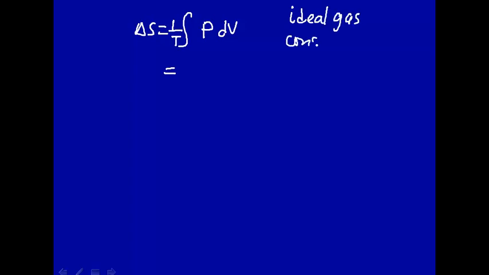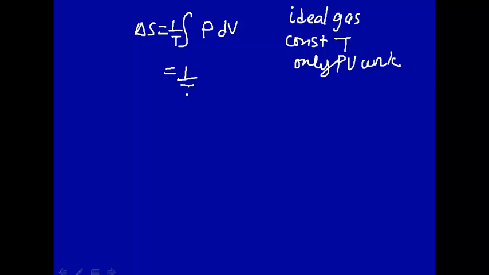So now we have delta S is the integral of dq reversible, which we just said was P dV, and we said temperature was constant, 1 over T, P dV. Here's pressure, here's volume. We need a relationship to integrate this, how pressure depends on volume. And by the way, we made the assumption of an ideal gas, constant temperature, and only PV work. That's how we got to this equation.